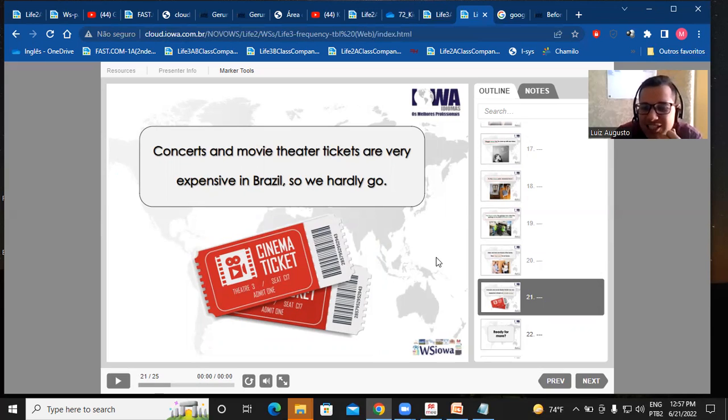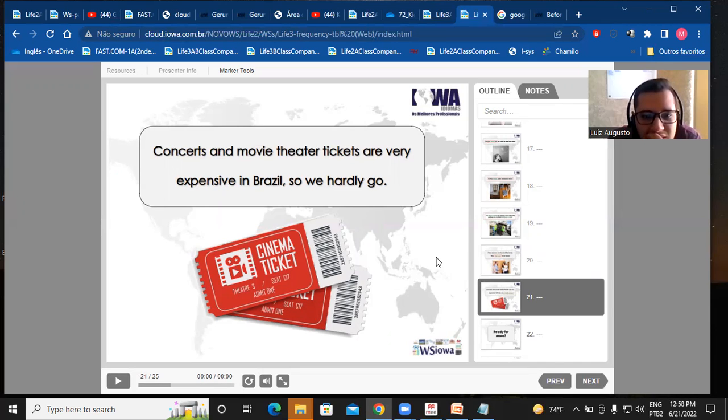Concerts? É concerts ou concerts? Concerts and movie theater. Esse aqui é theater. Eu não lembro. Theater, aquela palavrinha chata. Theater. Tickets are very expensive in Brazil, so we hardly go. Uhum. É que esse aqui é o hardly, mas ele tá faltando uma coisa para colocar.